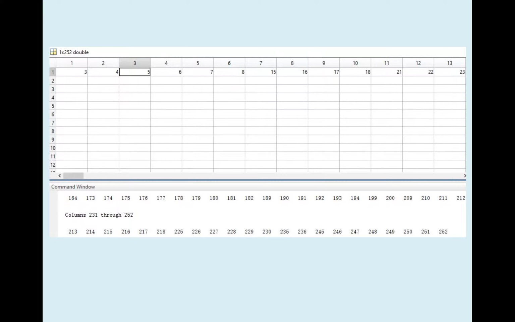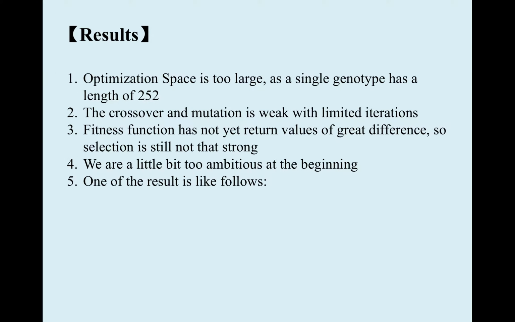I'll first explain why I have to use a traditional algorithm to generate an initial result, because my optimization space is way too large. A single genotype has a length of 252 elements, so when I perform crossover and mutation, their effects are relatively weak compared to my large optimization space, and at the same time, my fitness function cannot return very different fitness values.